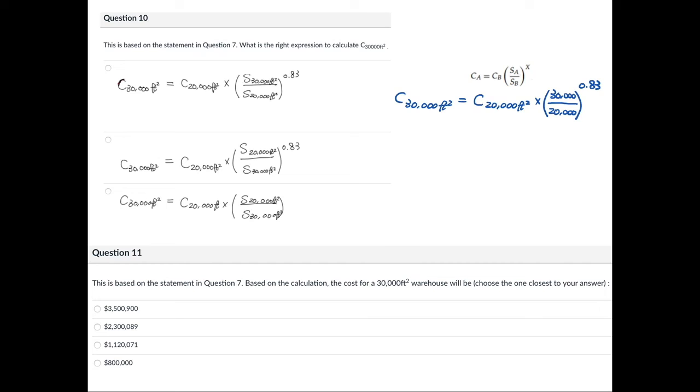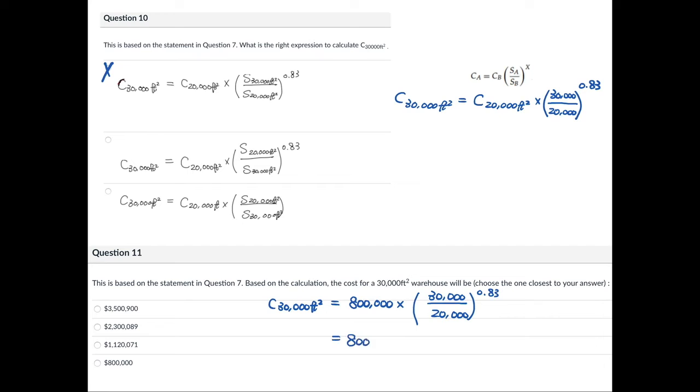So check these three options, which one is correct. The first one, okay? And now let's just calculate it. So C 30,000 square feet, the cost of that bigger warehouse equals to 800,000 times 30,000 over 20,000 to the power of 0.83.